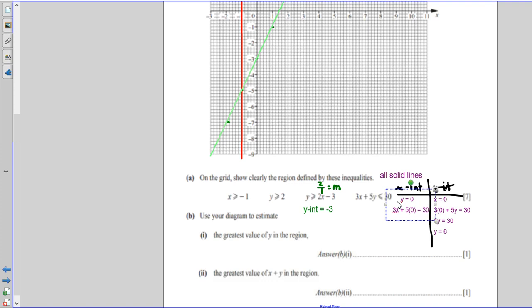So therefore 3x equals 30. So would you agree, therefore, x equals 10? Lovely, and now you might just want to write those two as coordinates. So I'm going to write them as coordinates with my dodgy pen. So this coordinate would be 0, 6.